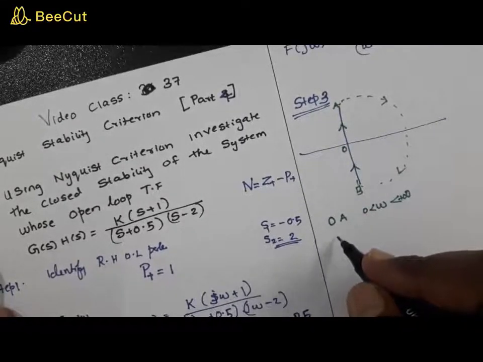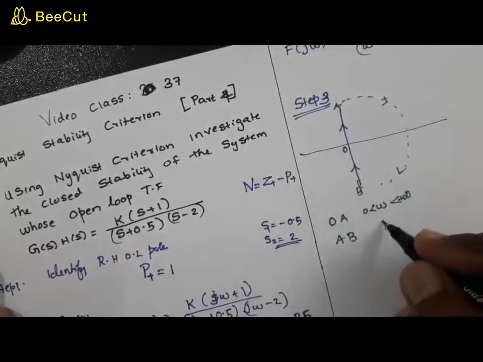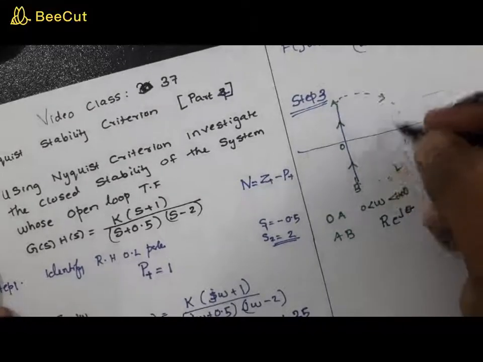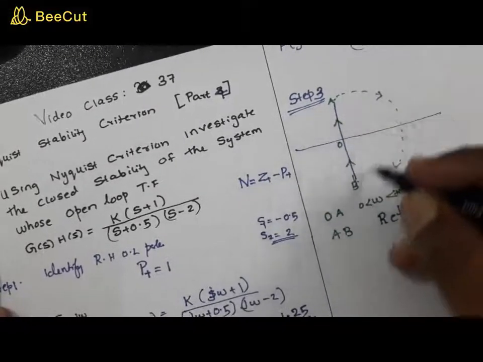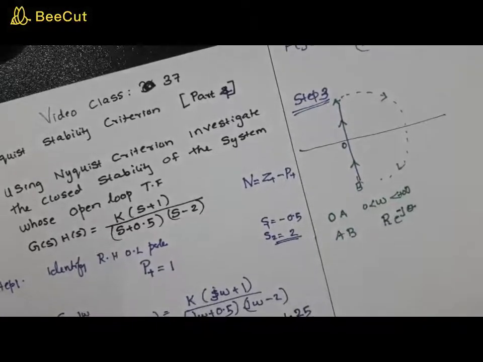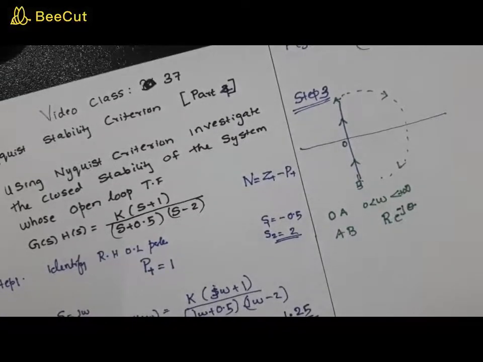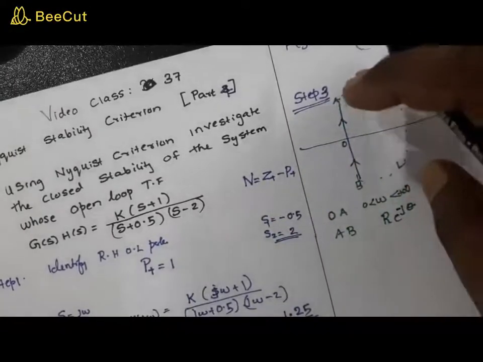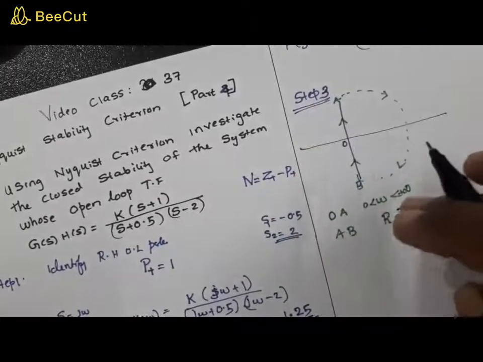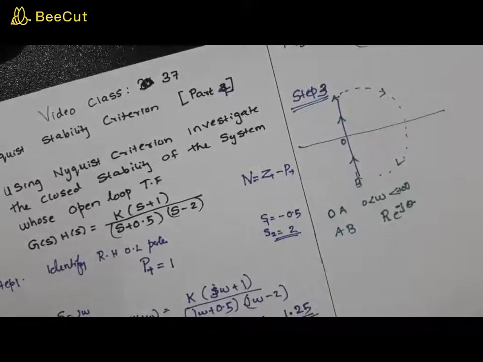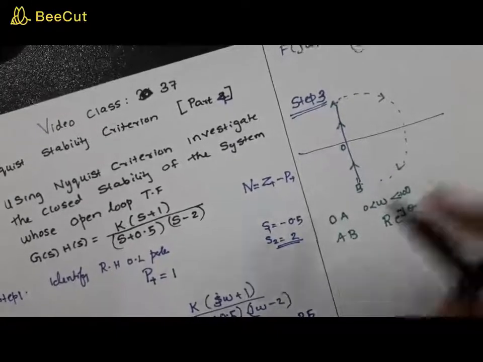And then next is AB, which is actually a big circle, R e raised to j theta, which is e raised to minus j theta, because it is a clockwise direction. I have already told you that in all these cases, as well as in root locus, we take clockwise as the negative direction and anti-clockwise as the positive direction, except in the encirclement, and we will talk more about this in this problem.